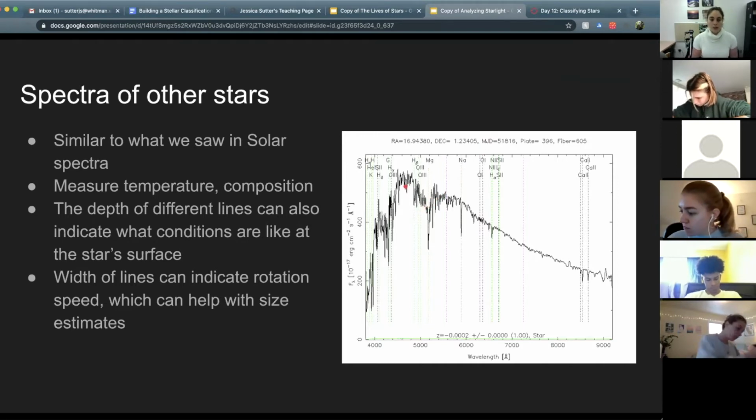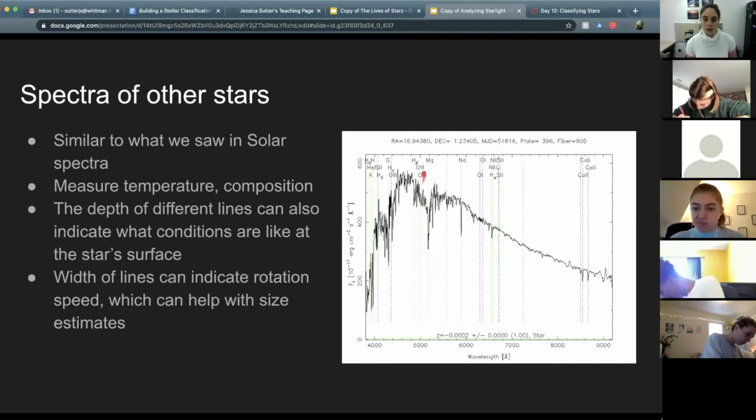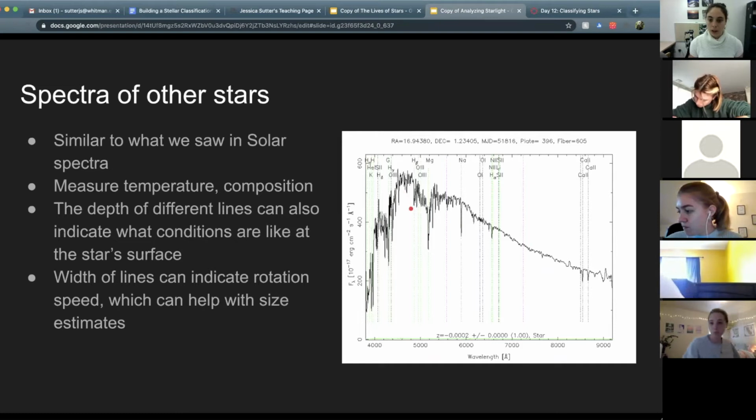We can learn a temperature by looking at the peak wavelength and using Wien's law, which I'll talk about more in a second. But first, we can also get an idea of what the star is made out of by looking for these absorption features. Absorption features tell us what elements are present in a star's atmosphere.